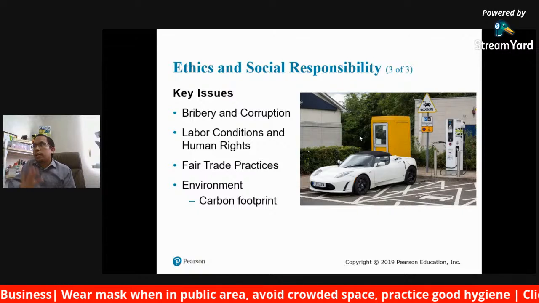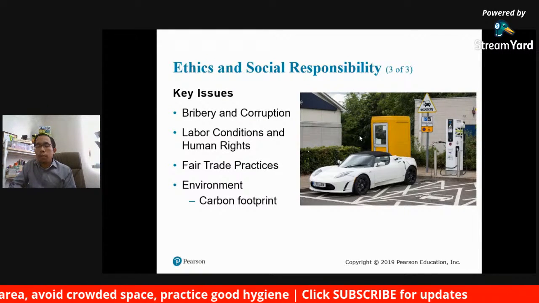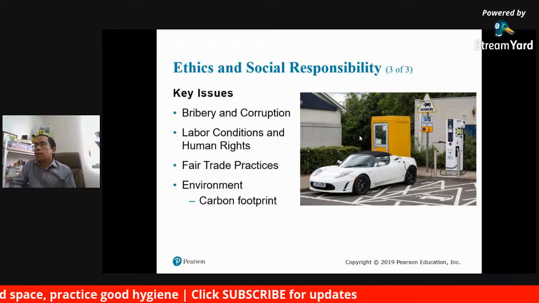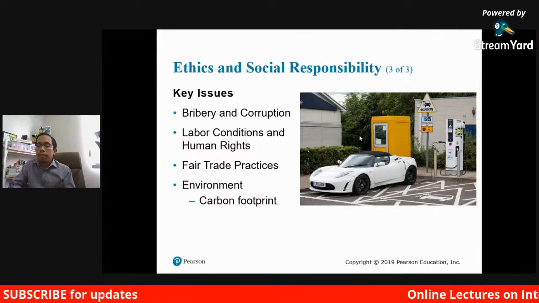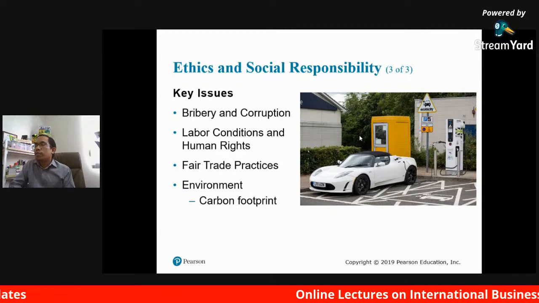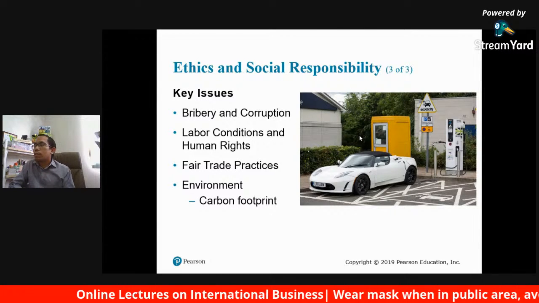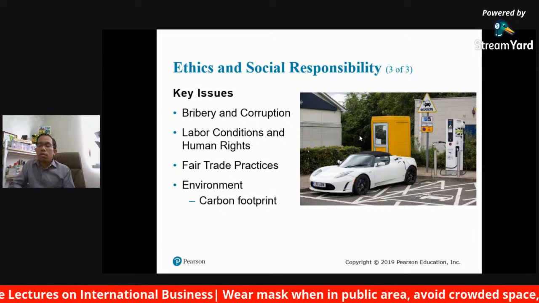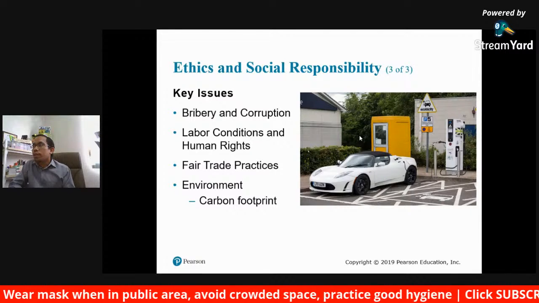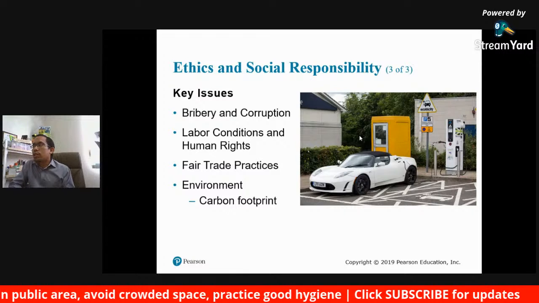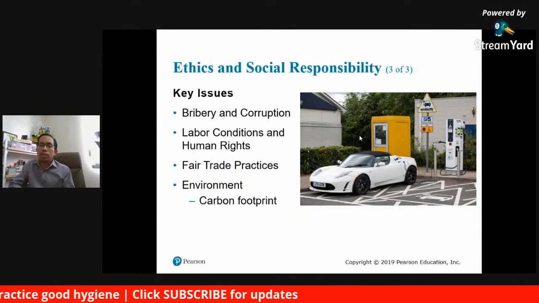For example, at Nike, employees fainted because of a supervisor's instructions, which were beyond or abused human rights. You can read on page 123 for a better view of this.